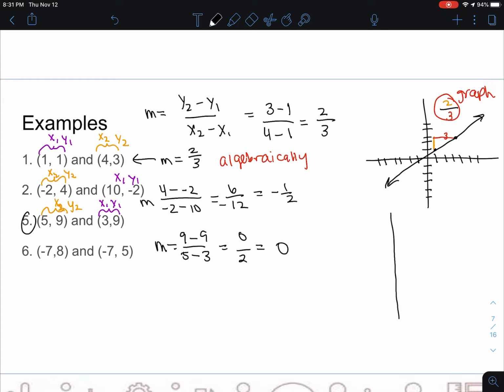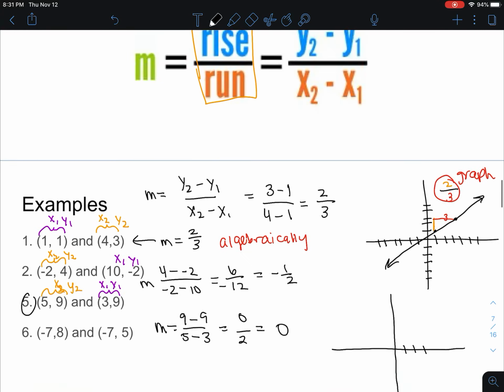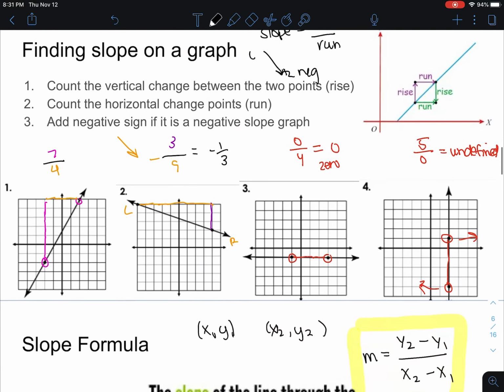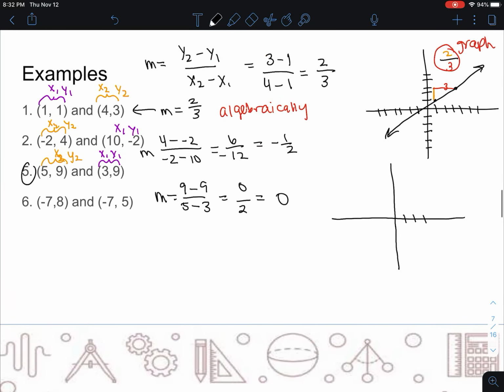And what that would look like, right, if I were to graph it, just to bring back your knowledge from what we learned about finding slope graphically here, if I were to graph my points, okay, so (5, 9) and (3, 9) is here.